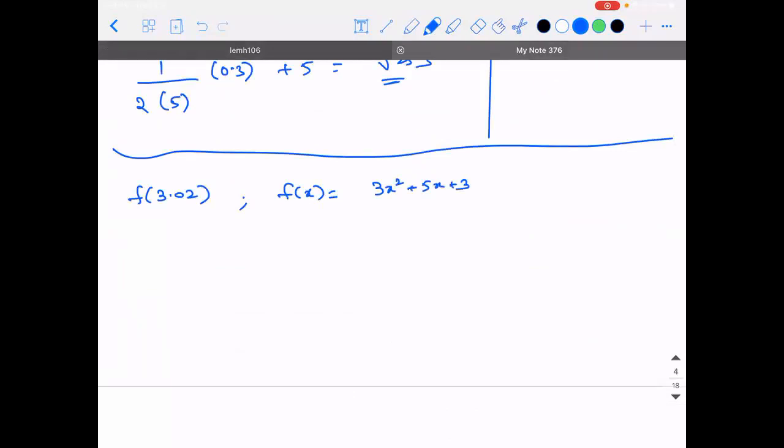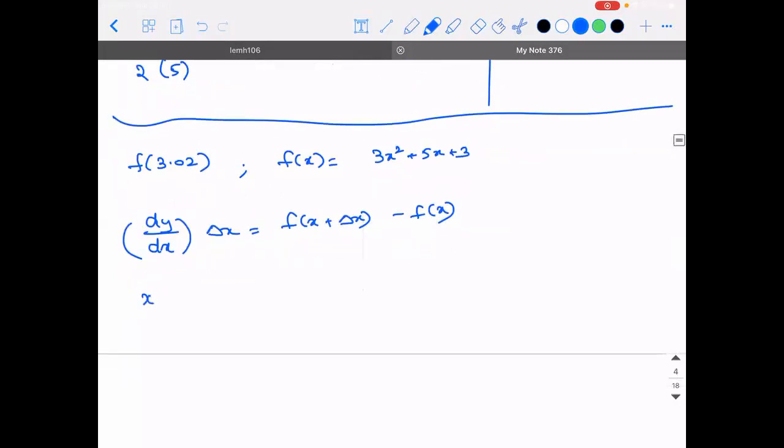Okay. So what is the formula I told you? Dy by dx into delta x should be equal to f of x plus delta x minus f of x. Here, what value of x will you take? Since it is 3.02, break the integer part and the fractional part. So x will be 3, delta x will be 0.02.